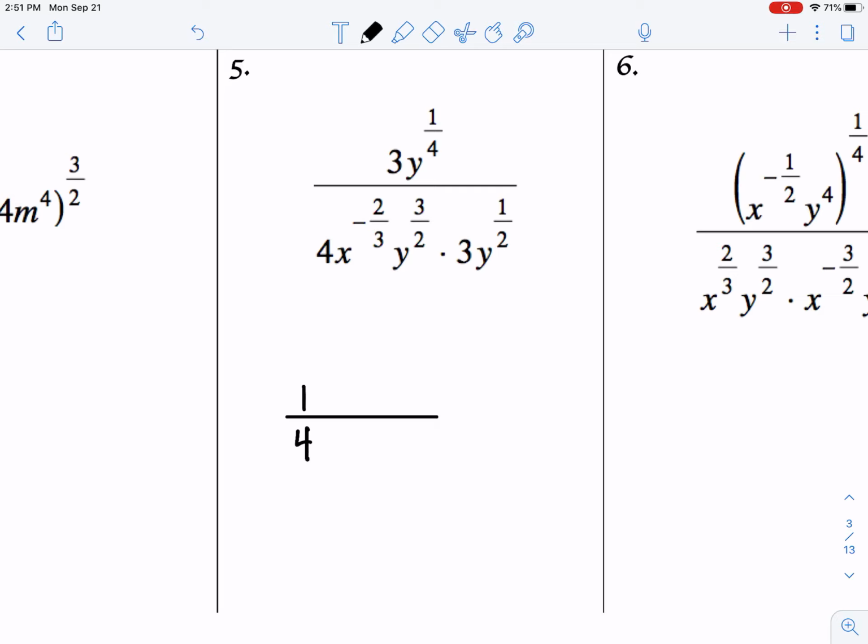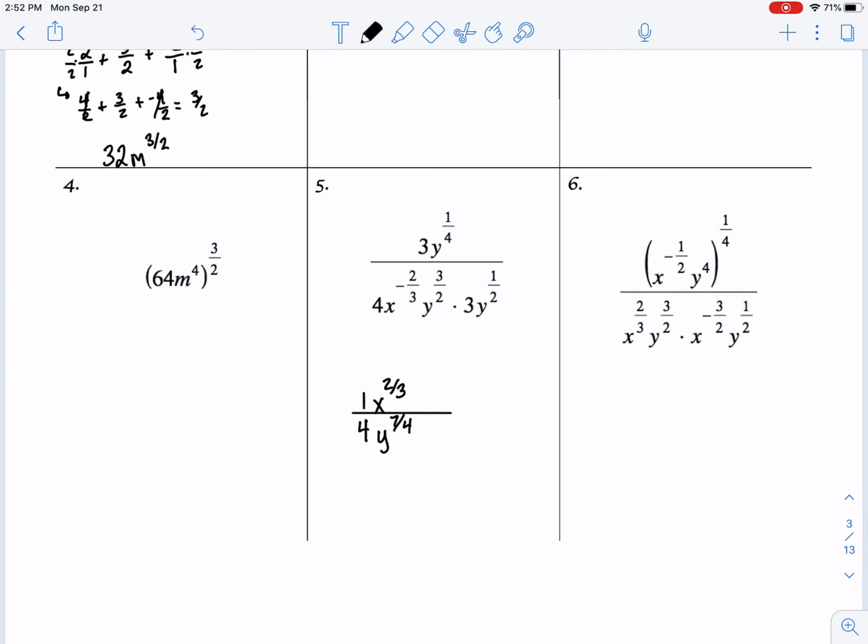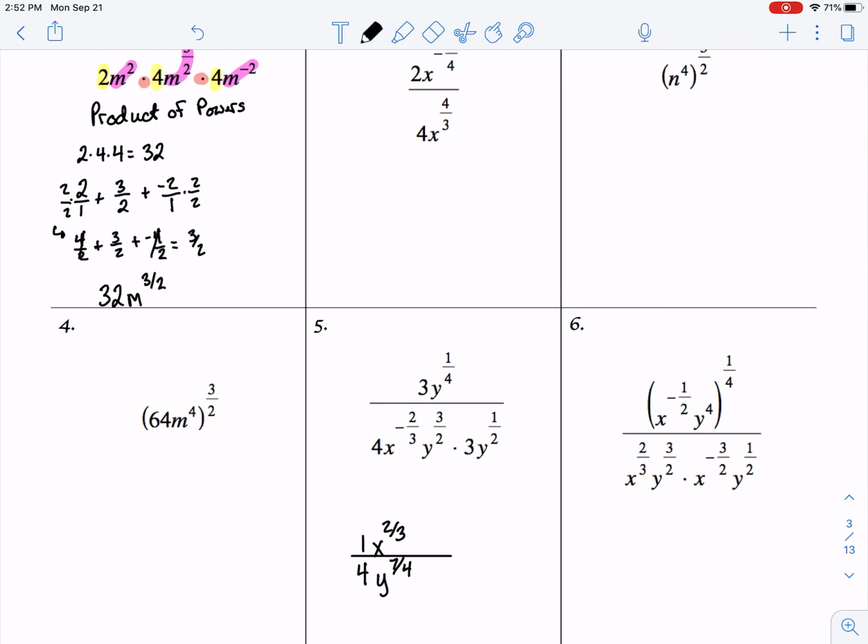1/4 x 2/3 y to the 7/4. Now, this is probably going to be the most important part of the video because we've already done graphs overlap for one variable problems.